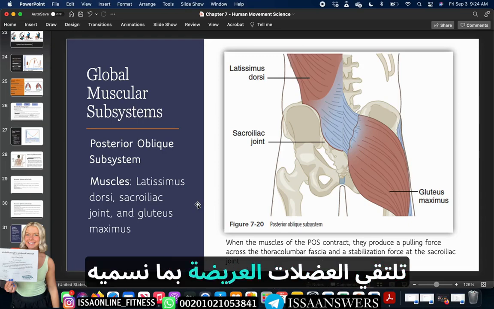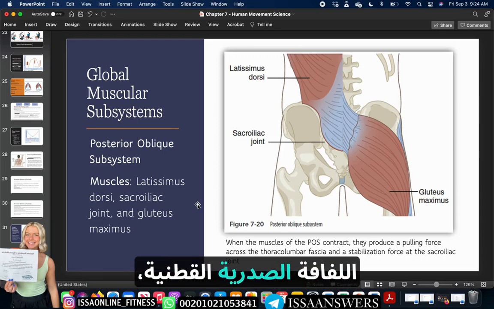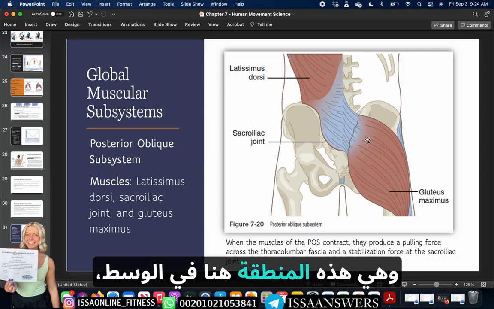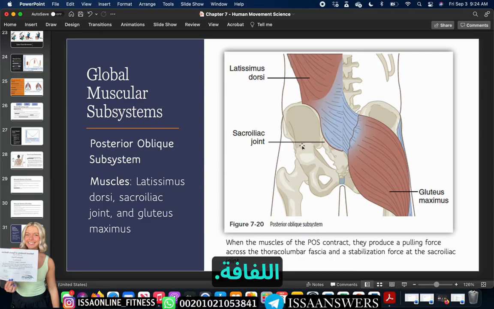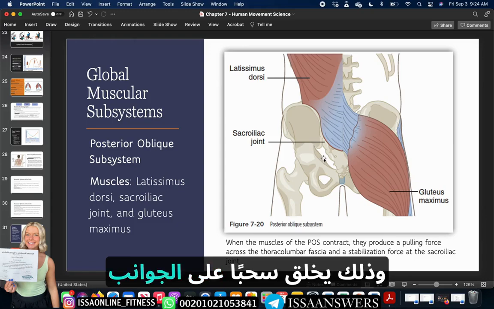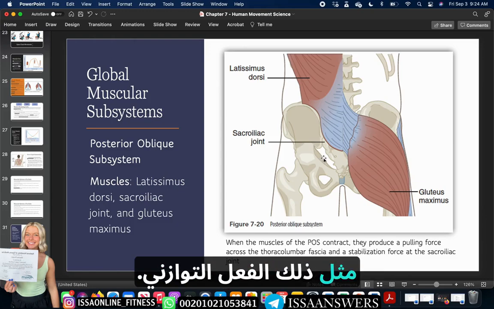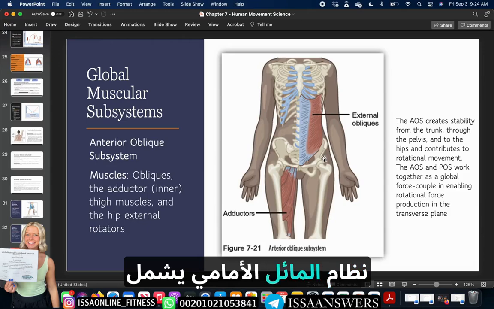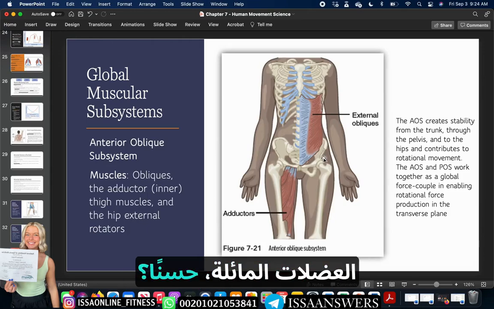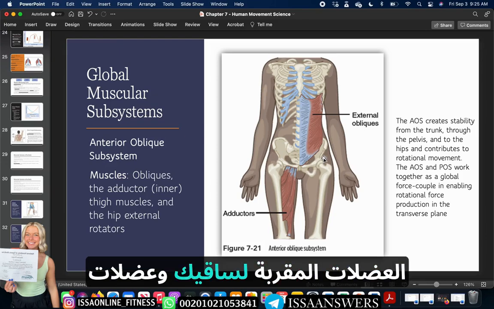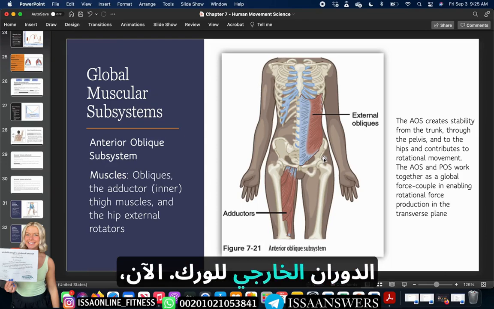The lats meet what we call the thoracolumbar fascia, which is this region right in the center here, and that creates a pull on opposite sides that creates like that balancing act. Your anterior oblique subsystem includes your obliques, the adductors of your legs, and the hip external rotators.